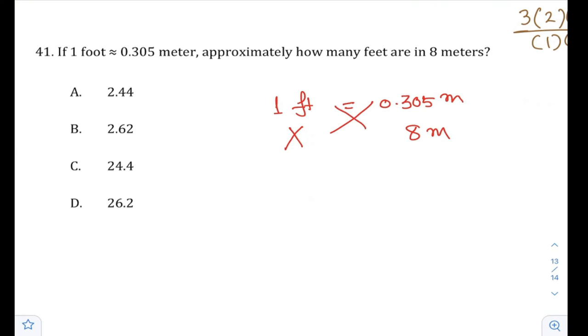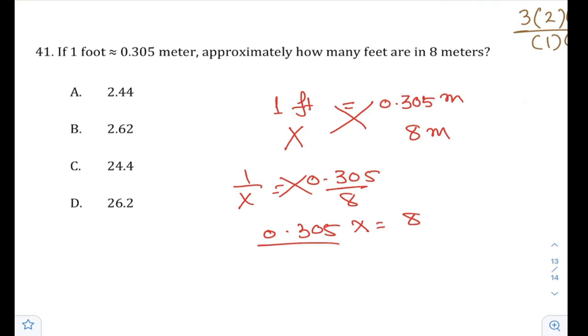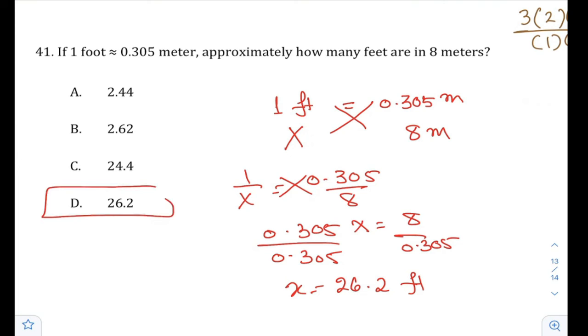Simply cross multiply, because you can write it this way actually. Or you can say 0.305x is 8 times 1, which is 8, and dividing both sides by 0.305, then x is 26.2 what? Feet. And this is our solution.